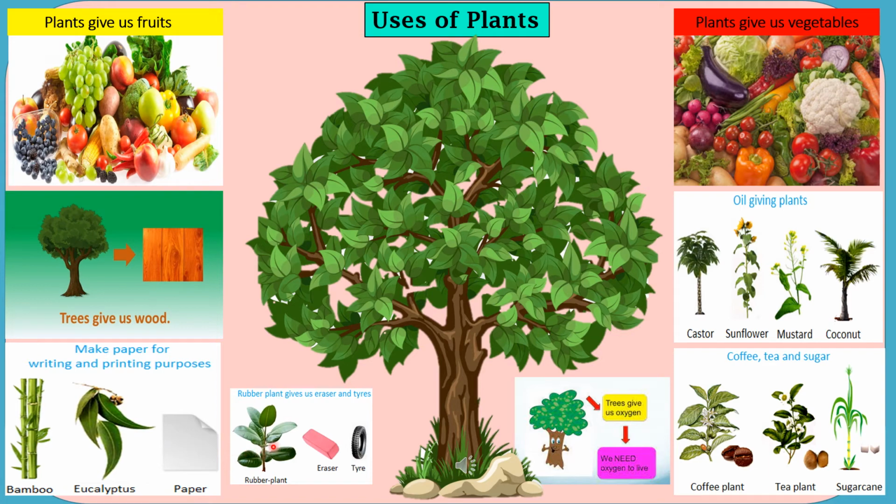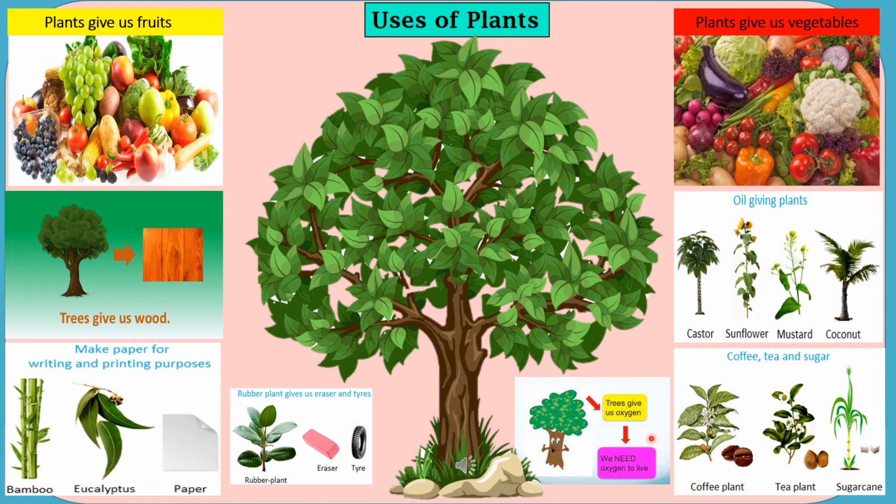And rubber can be made from the rubber plant, and all the rubber things are made of rubber that we can get from the plants. The most important thing plants give us is oxygen gas, that we need to live or to breathe in.